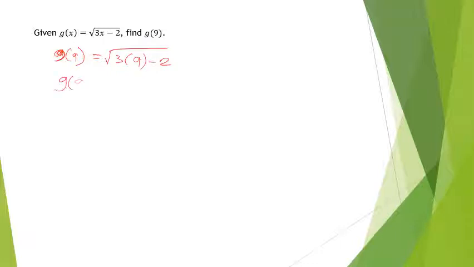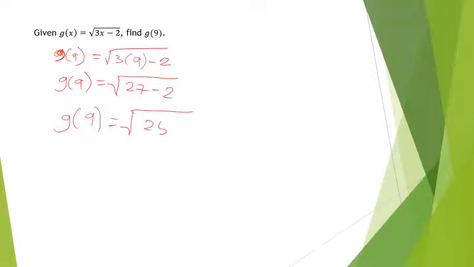Simplify muna natin yung nasa loob, 3 times 9, 27, minus 2, 25. So, g of 9 ay equal sa anong square root ng 25? 5. Tingnan natin kung tama. g of 9 is equal to 5.